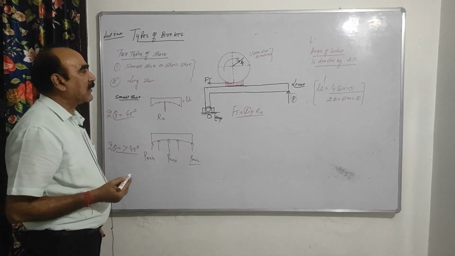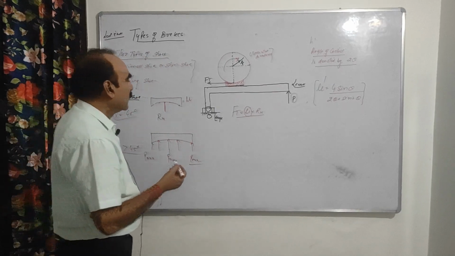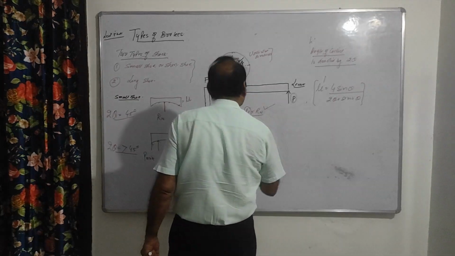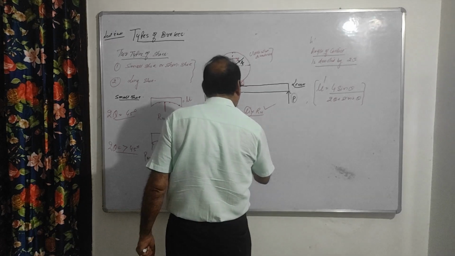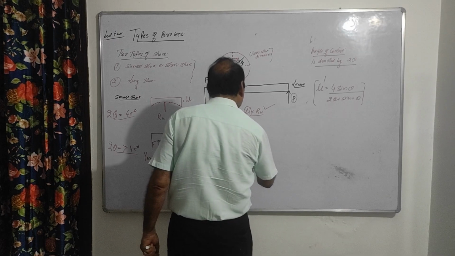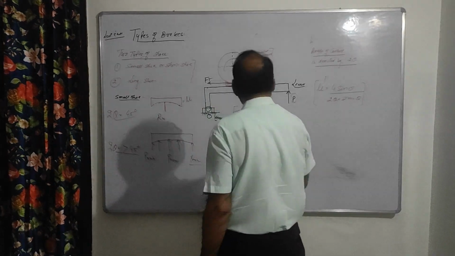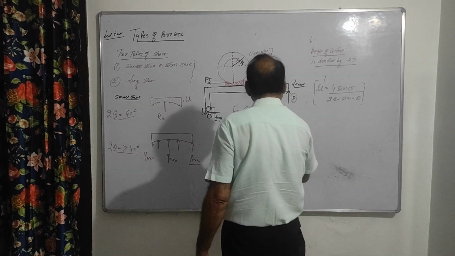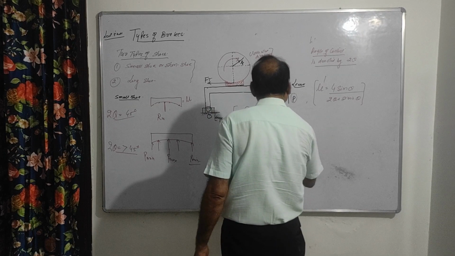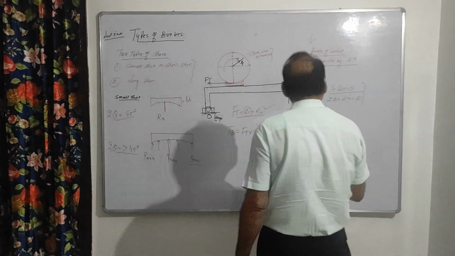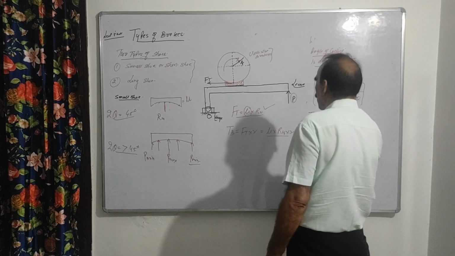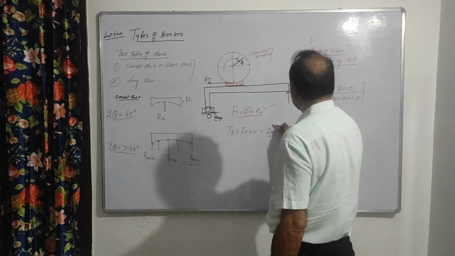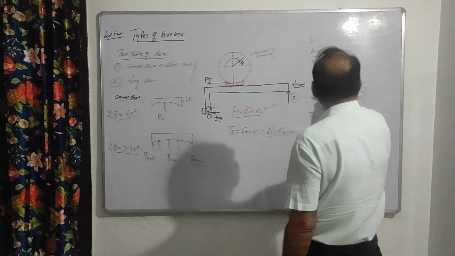So the torque, what will it be? As in the case of the small shoe, the braking torque T is equal to Ft into R, which is equal to mu into Rn into R. So in case of the long shoe, the braking torque is the same, rest everything is the same, only instead of mu you will use mu dash.